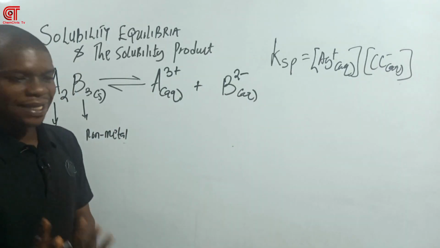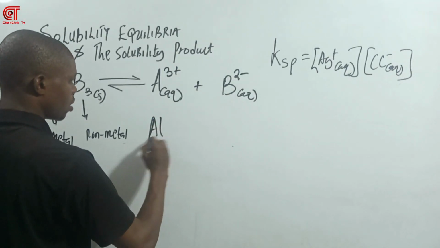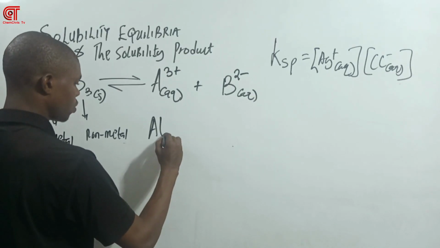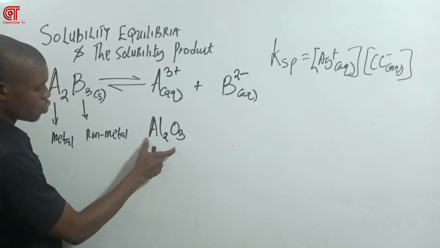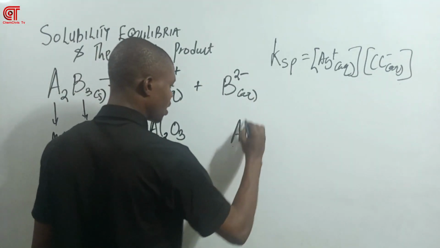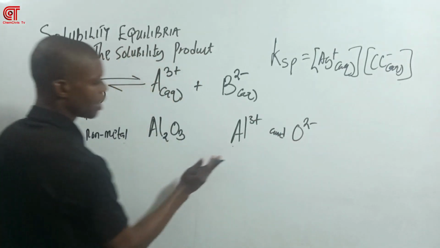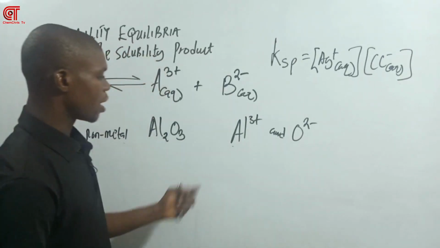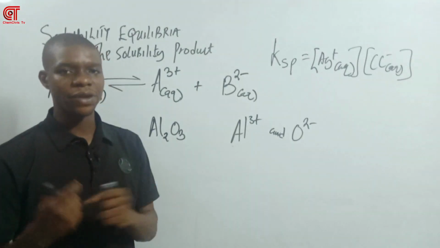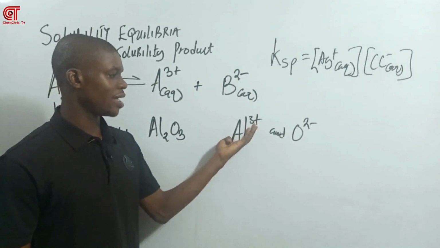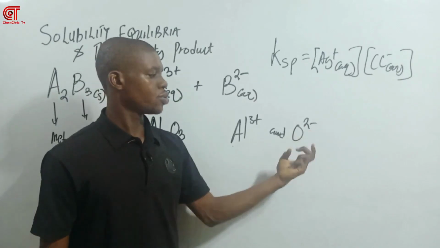Now let me give you a typical example so you understand. If for example here we have aluminium oxide, Al2O3, it's a typical example. Now this one is formed as a result of Al3+ and O2-. So when you combine aluminium and oxygen together, remember aluminium is 3+, because for aluminium to have the octet of electrons, it must lose 3 electrons. While for oxygen to have the octet, it must gain 2 electrons.